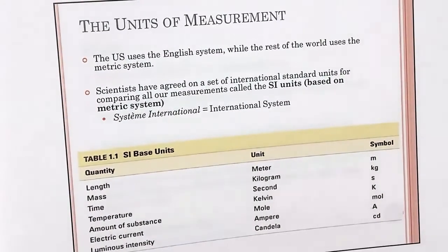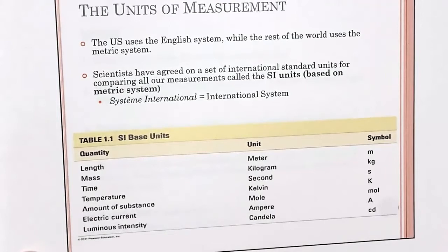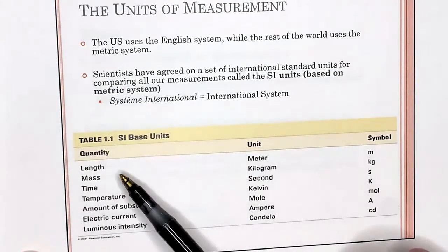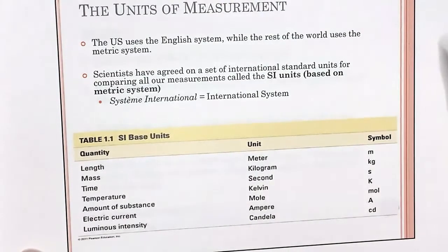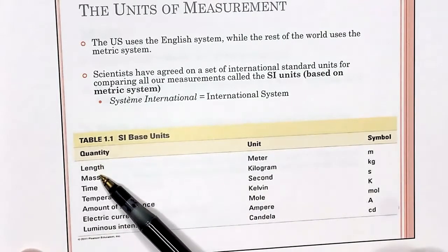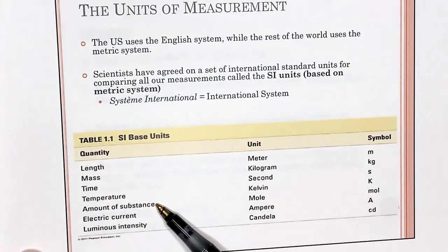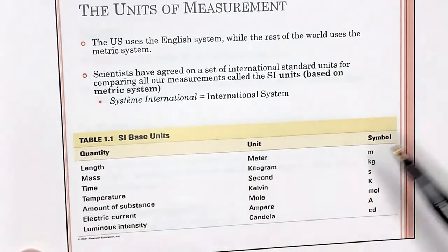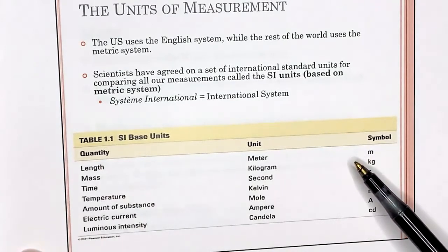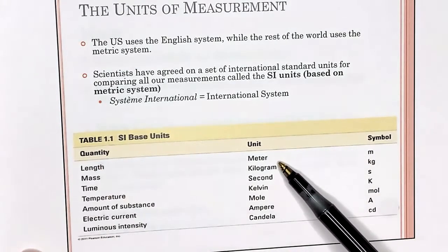All right, so let's keep going here. We want to talk about measurements. We have different units for measurements, different quantities that we want to measure. We do focus a lot on length, mass, time too, and temperature. Amount of substance, we will be focusing on; electric current and luminous intensity, not so much, okay? So the SI unit is basically the international standard unit.